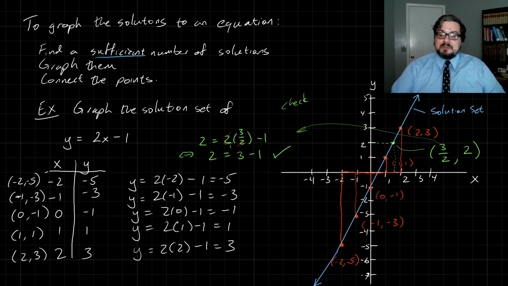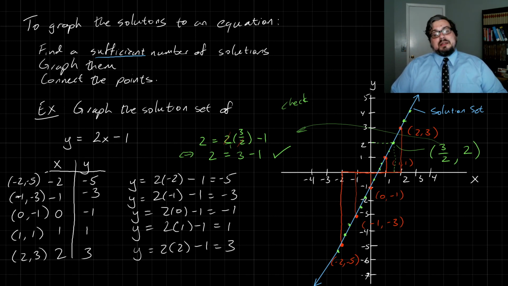And we can do the same thing with any point along this blue line. We can take the point, find the ordered pair of its coordinates, and check that the equation is satisfied when we plug in those numbers to the equation.